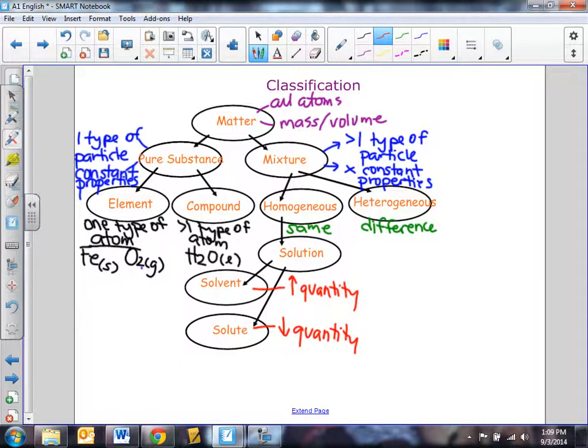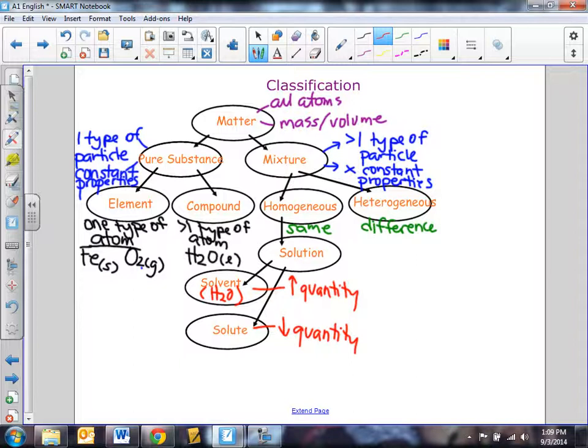And very often, the solvent is water. In fact, in really any solution that we would discuss, probably until you got to Chem 30, water would be the solvent. The solute can be a number of different things. For example, I mentioned salt water that you find in the ocean before. In that case, the salt would be the solute.